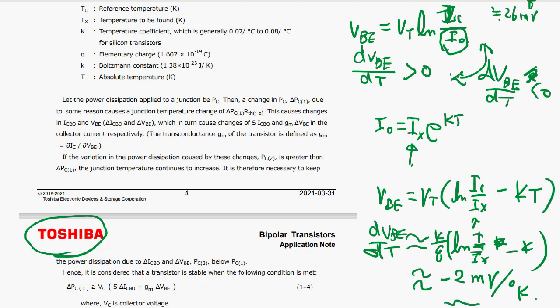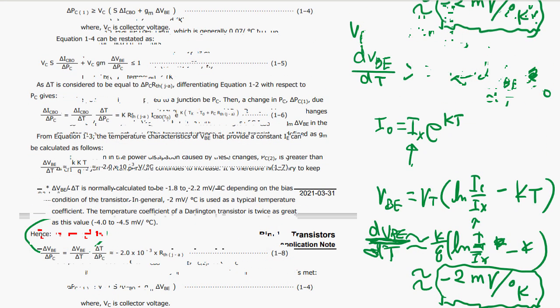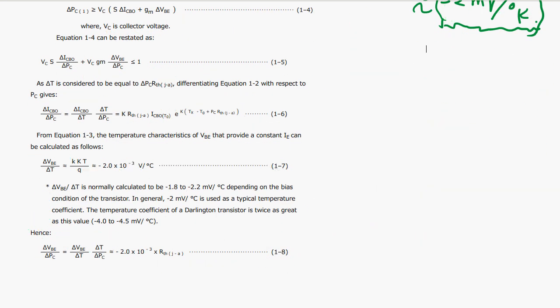So remember, VBE has a negative coefficient over temperature variance. This is about the value, and more details are explained in Toshiba's paper, and if you're interested, you can read through it.